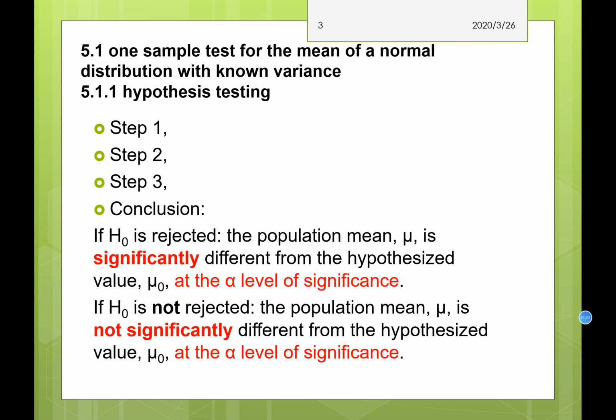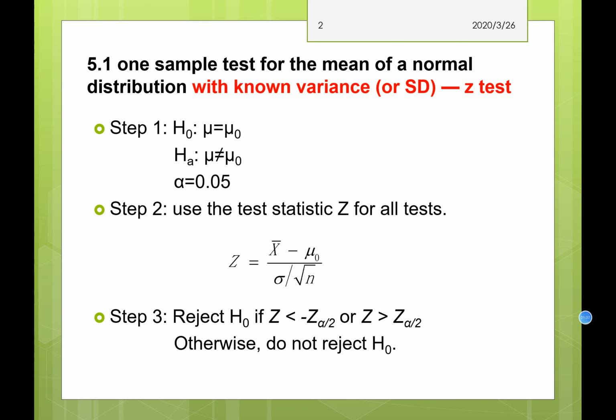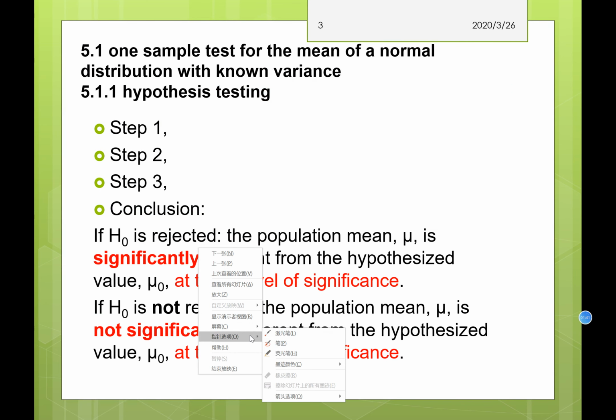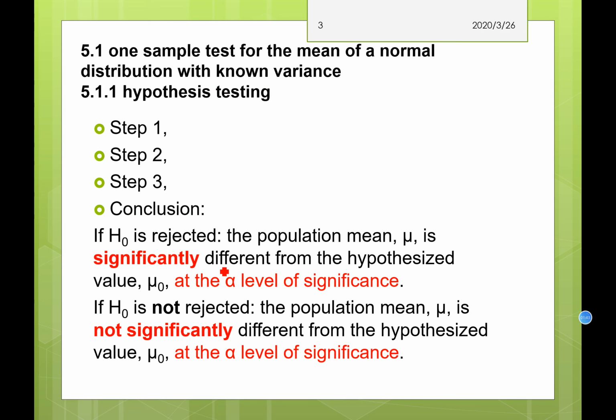So here we have only two kinds of decisions or only two kinds of statements in hypothesis testing. The first one is H0 is rejected. And the second one is H0 is not rejected.